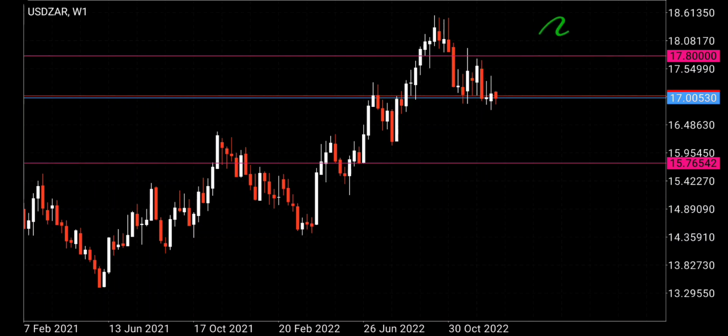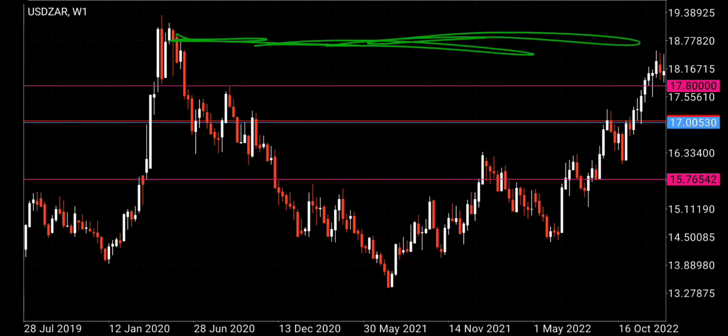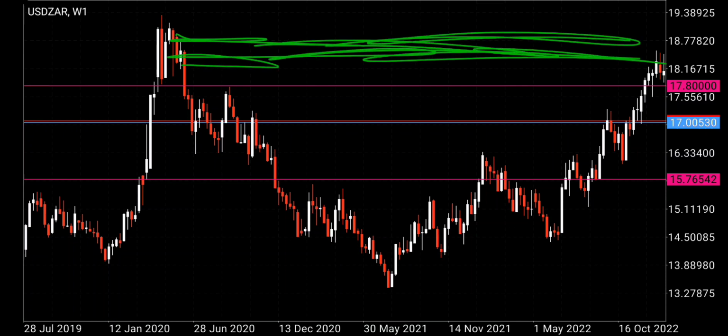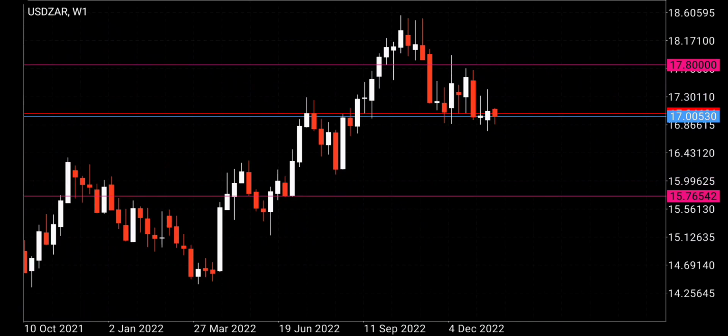For instance, look at what the price did when it entered that monthly area of resistance, of which if I scroll back, we will still find that we had a very nice weekly area of resistance there, which the price penetrated, touched the weekly, and then it turned.